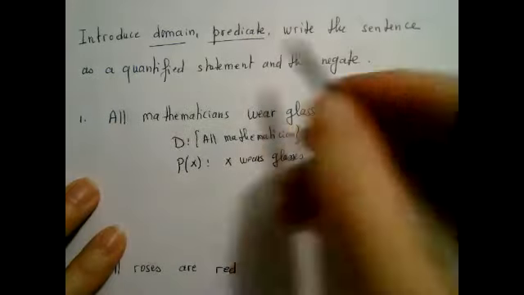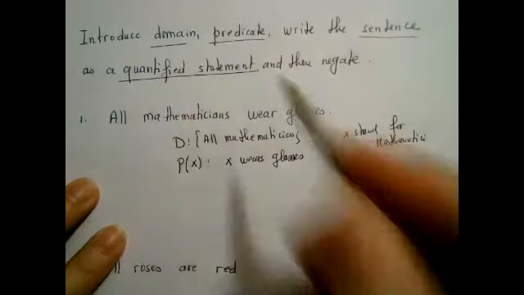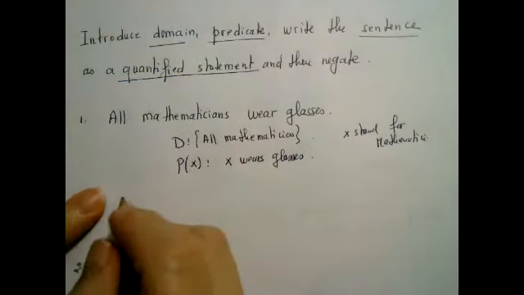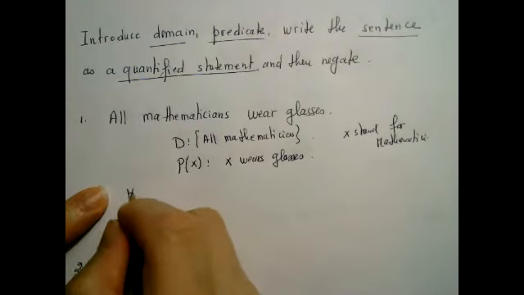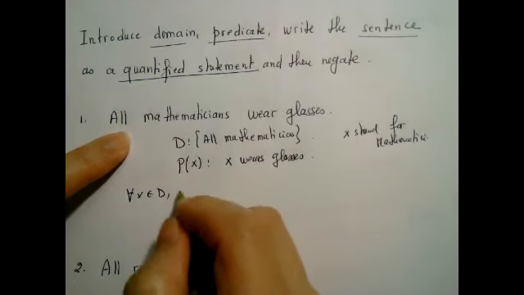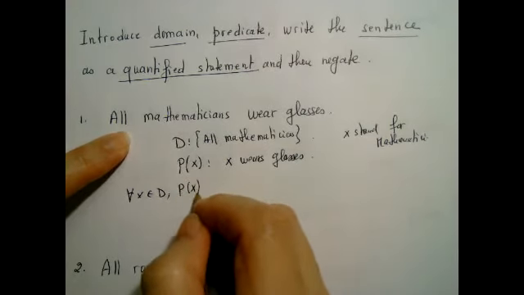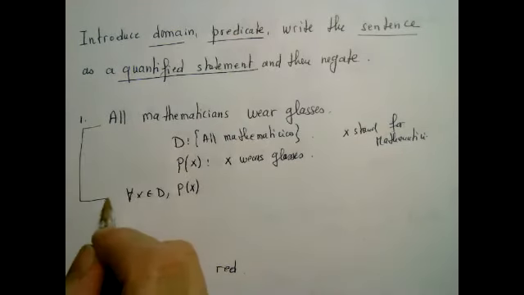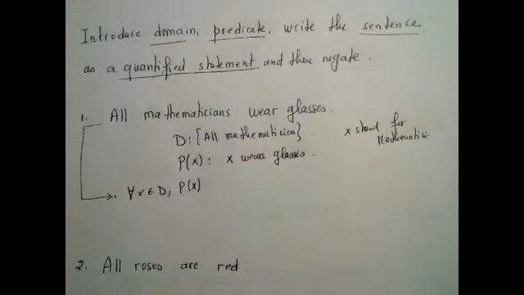Now I want the sentence to be written as a quantified statement. So as a quantified statement, how are you going to write it? For all x in D, P of x: all mathematicians wear glasses. So that's the sentence written as a quantified statement.